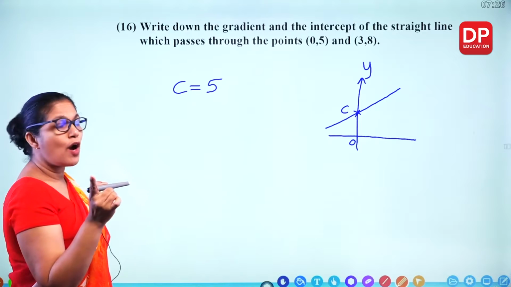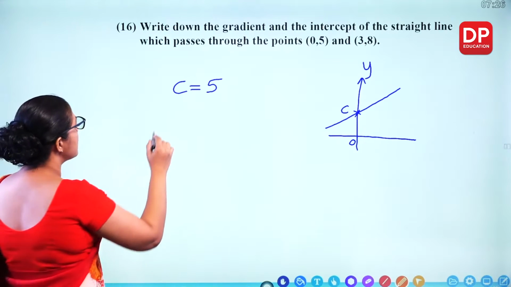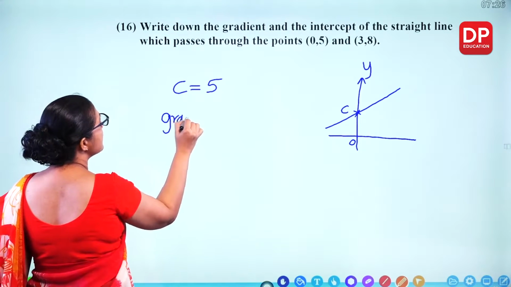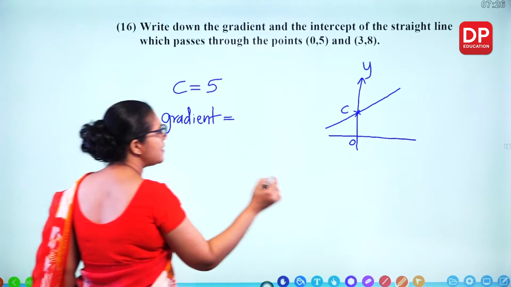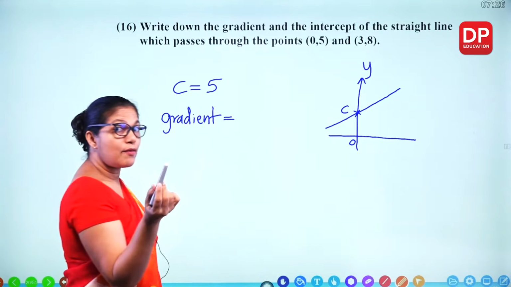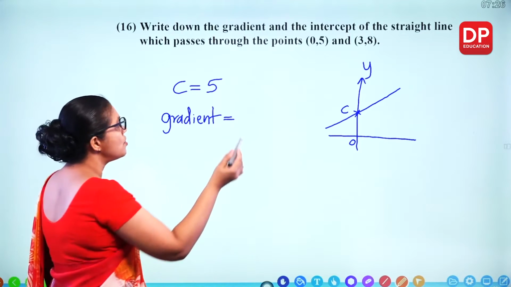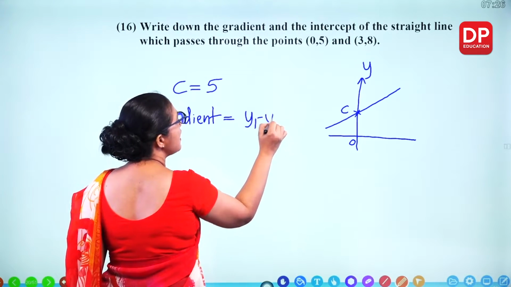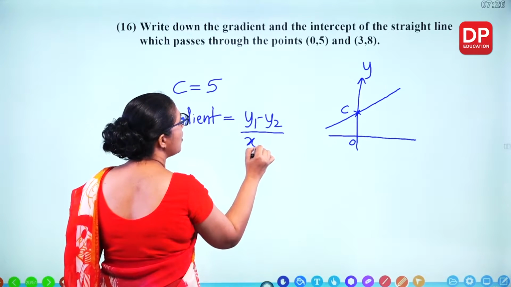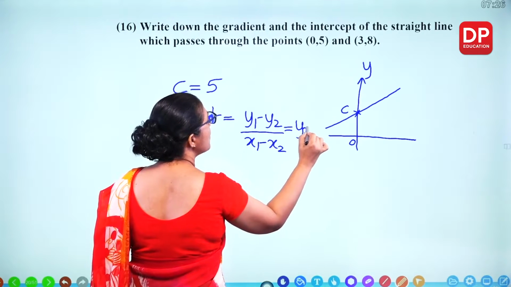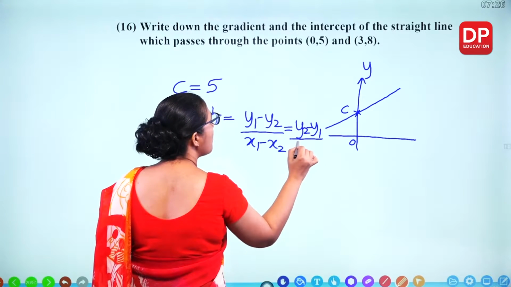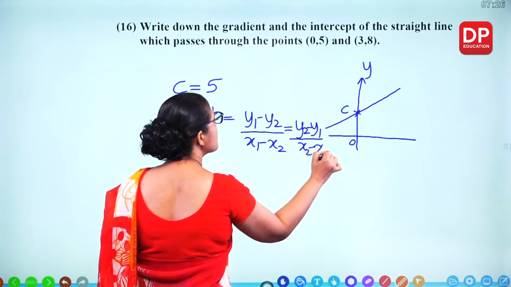And how do you find the gradient? What's the formula? If you know two points, (x1, y1) and (x2, y2), it's the difference between y coordinates over the difference between x coordinates. You can take it the other way around as well: y2 minus y1 over x2 minus x1.